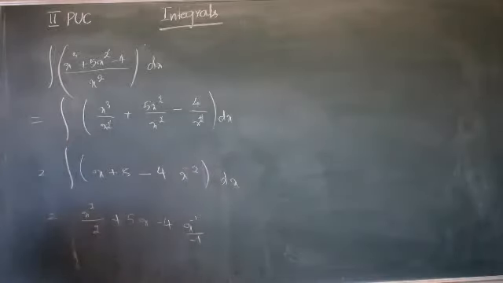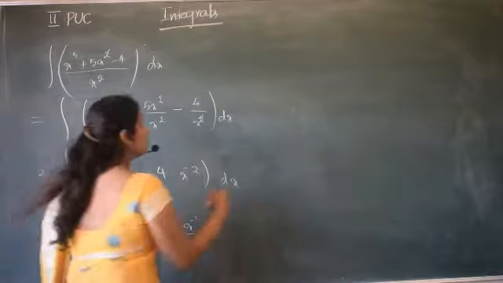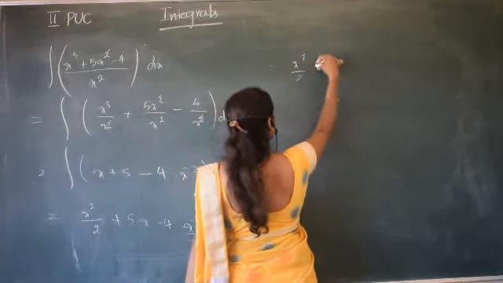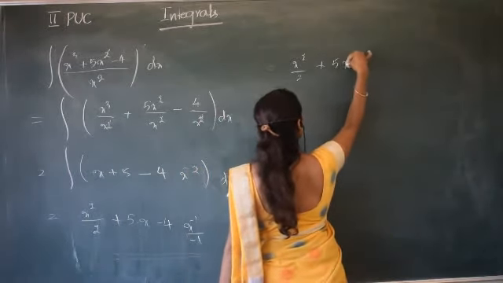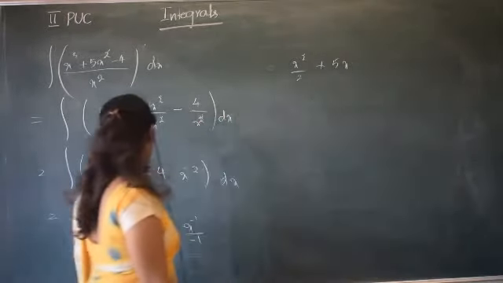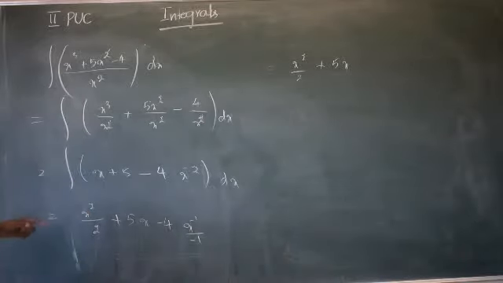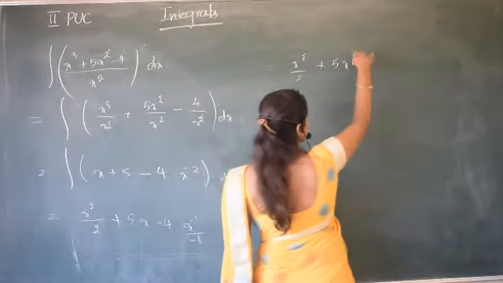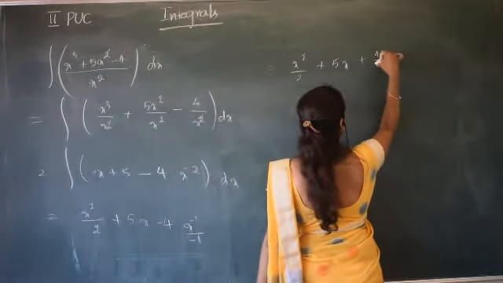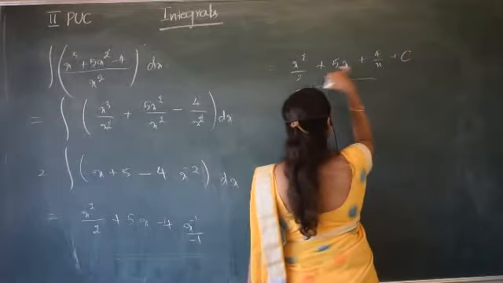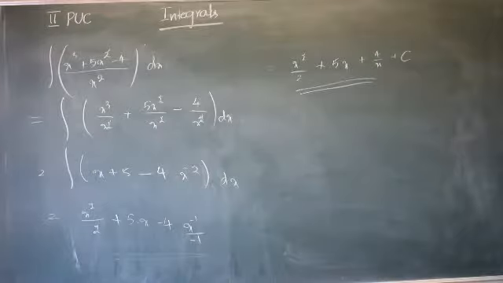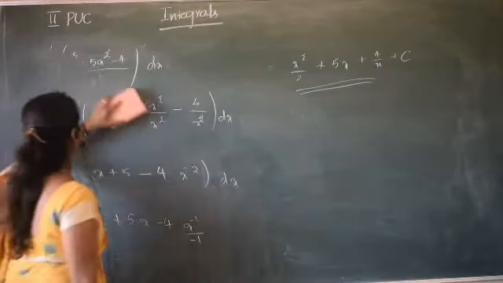So that will be equal to x square by 2 plus 5x, minus into minus, plus 4 by x, plus c. Plus c is the constant of integration. Next one.